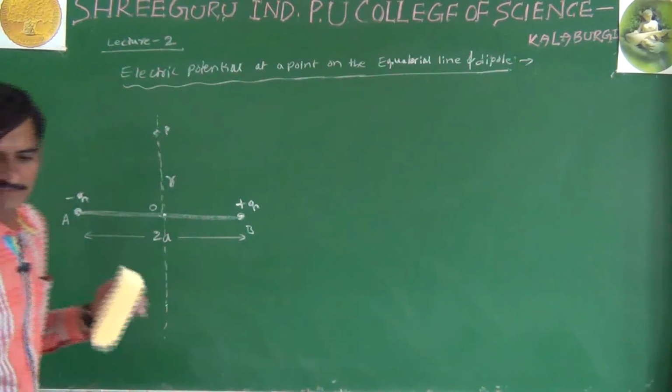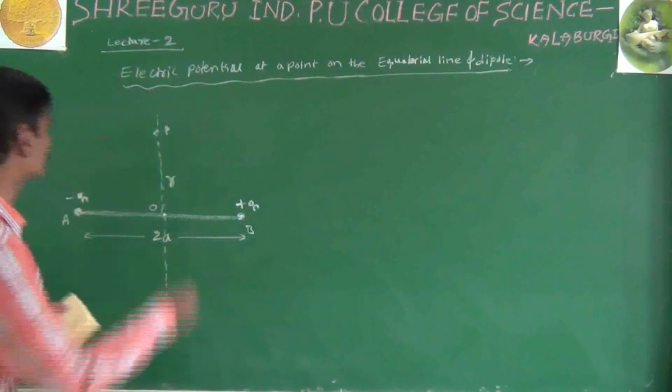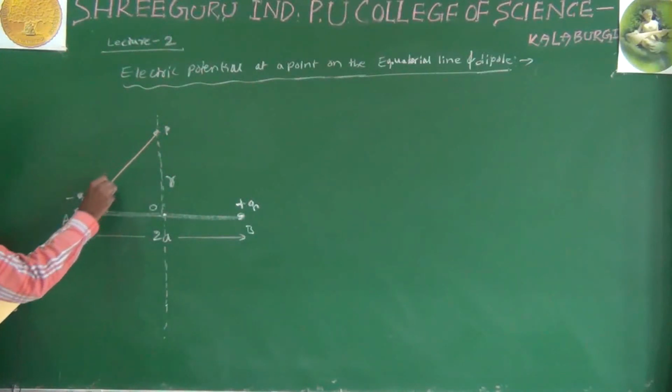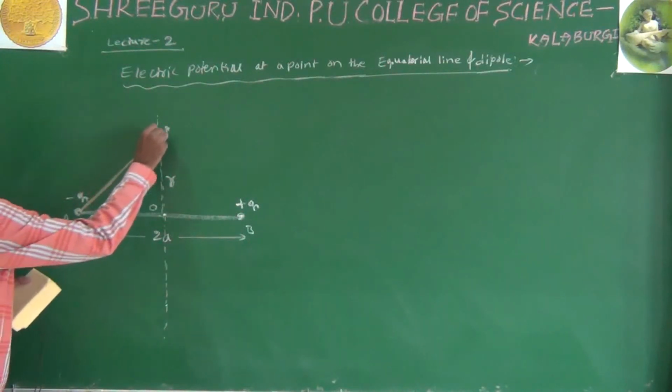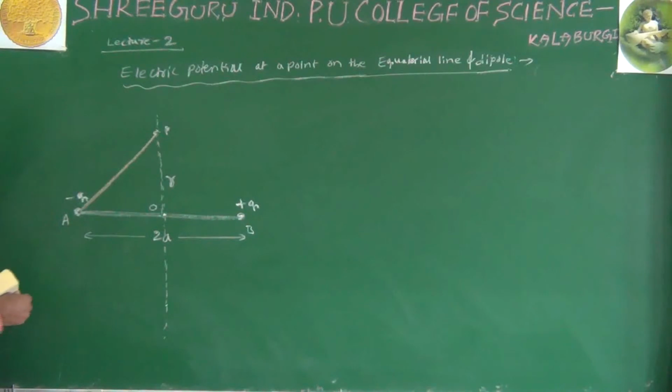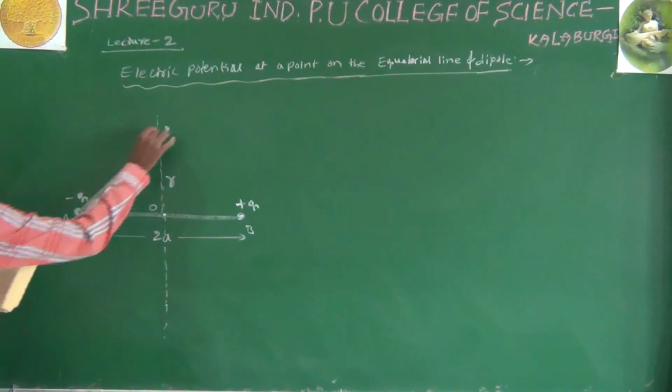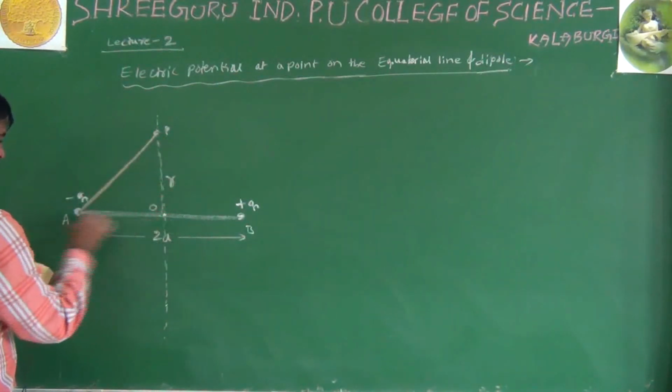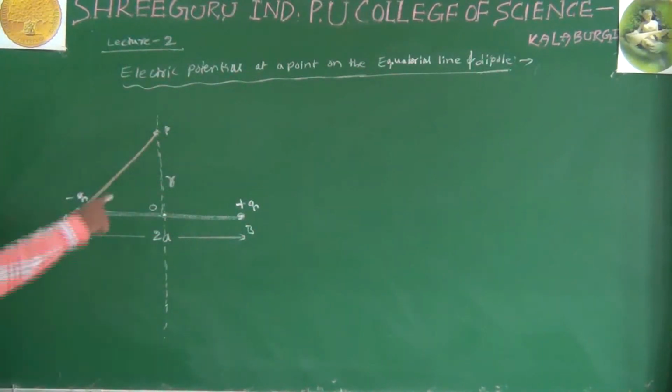That distance will be nothing but this line, so you can draw the line like this. This AP is the distance of the point P from the charge minus q, using a right angle triangle.